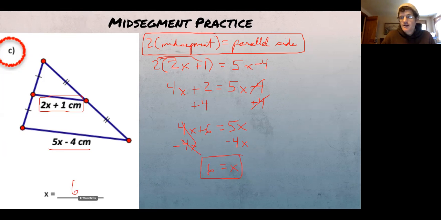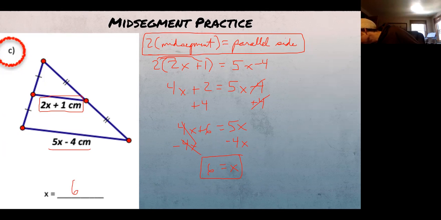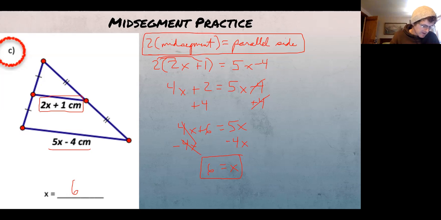All right, now there is a way of checking your work. You already know that the midsegment should be half the length of the parallel side. So what I'm going to do is I'm going to plug 6 into both of these. I'm going to have 2 times 6 plus 1, and then 5 times 6 minus 4. There we go.